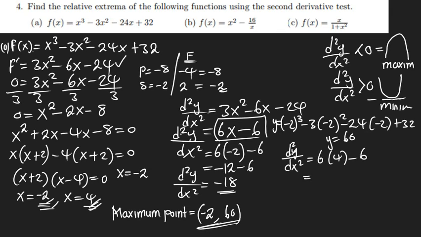Then this is going to be 6 multiplied by 4, which is 24, minus 6, getting 18. So you get your 18, right? Now look.